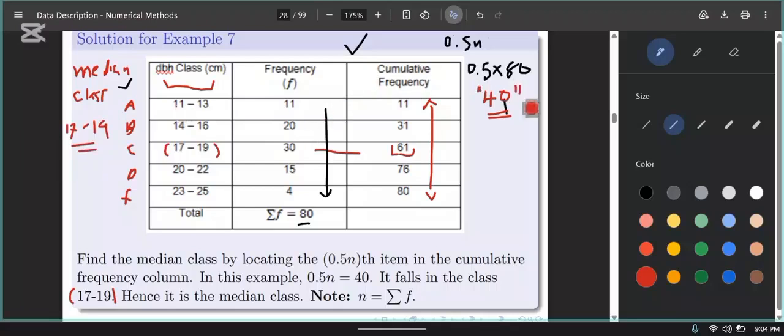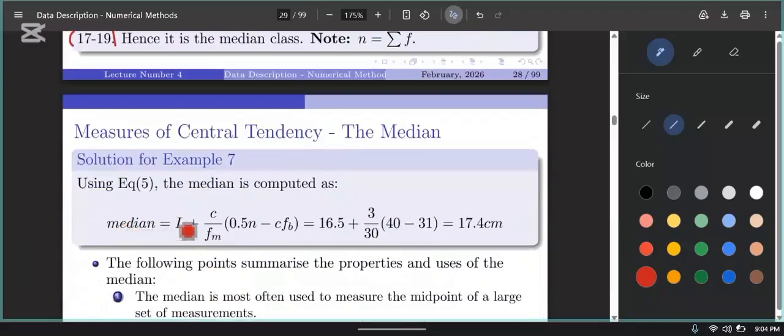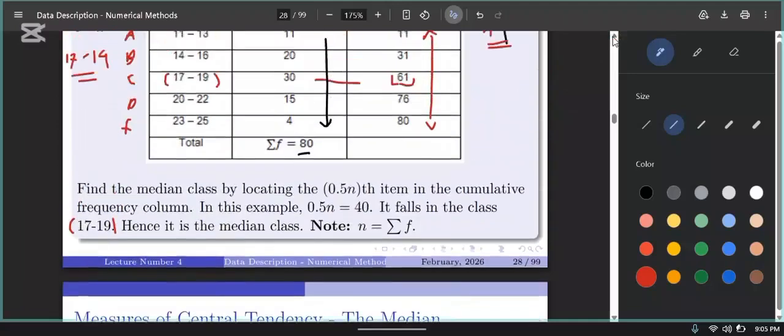So the formula is this: median is equal to the lower class boundary, plus the width, times the frequency of the median class, and then the sum of cumulative frequency. So L, how do we find L? L is the lower class boundary.